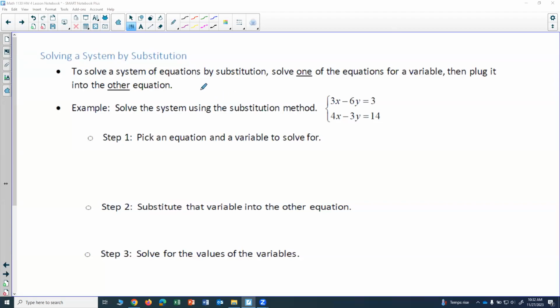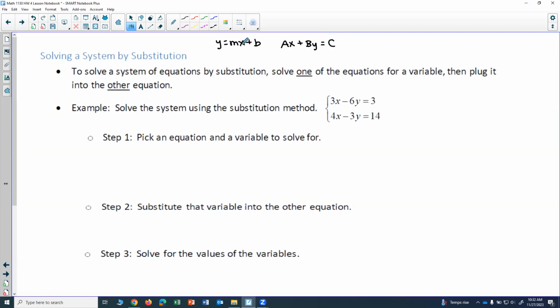In this video, we're going to look at solving a system of linear equations by substitution. In the previous video, we saw that a system of linear equations is two linear equations, and they can either be in the form y equals mx plus b, or in the form ax plus by equals c.